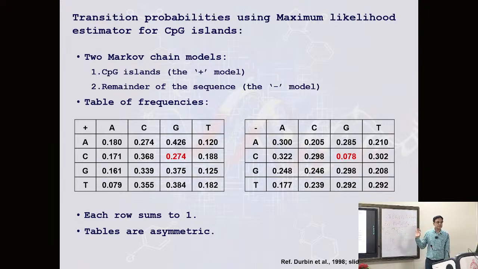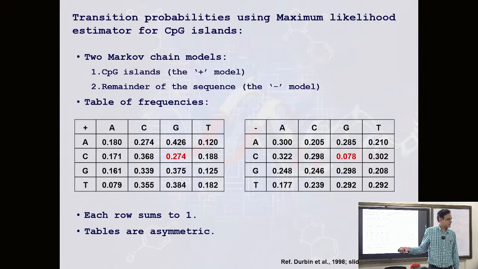Otherwise non-CpG sequence. And the idea is simple: if this sequence has tons of CGs, then there would be tons of values 0.274 in the numerator and terms of 0.074 multiplied with each other in the denominator, and this is much higher, and because of this the numerator becomes greater than the denominator.